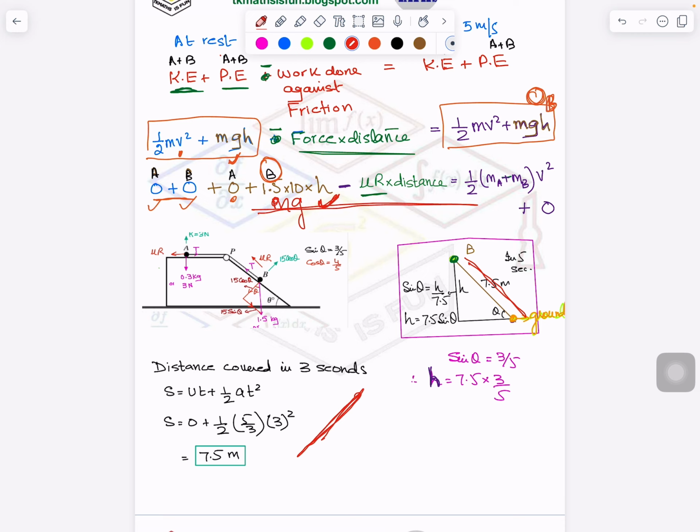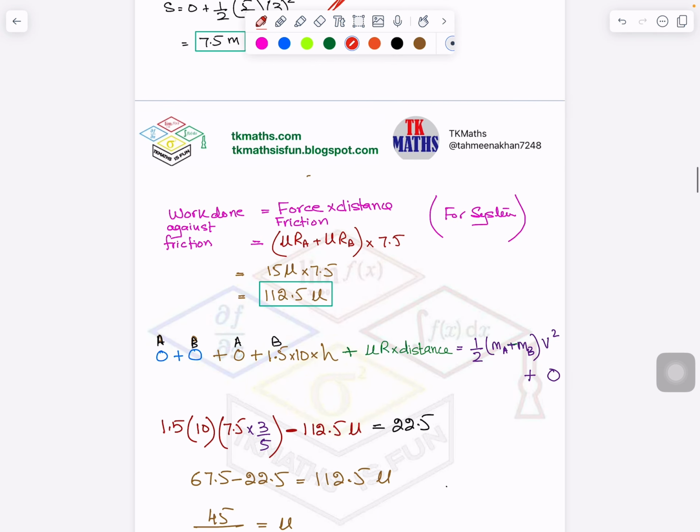Okay. So now look at it, how I will calculate the distance, because the time was given to you as 3 seconds. So you write the constant acceleration formula, which is s equals ut plus half at square. And you found the distance 7.5. This is how I am substituting it in this place. Now see here, the substitution is happening here.